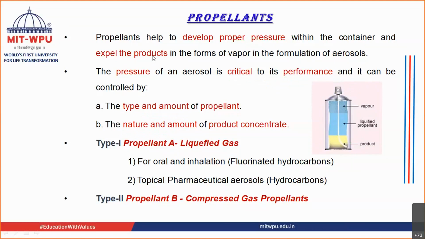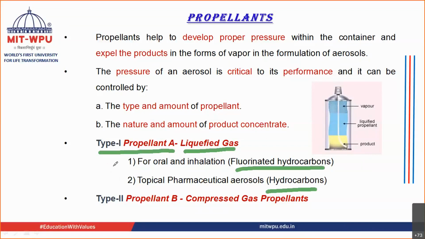So we said that the pressure of an aerosol is controlled by the type and amount of propellant. So what are the different types of propellant? Type 1 propellant, also known as propellant A, is nothing but liquefied gas. There are two types again. You have one as fluorinated hydrocarbons, or second as hydrocarbons.